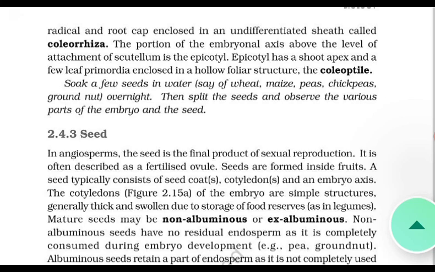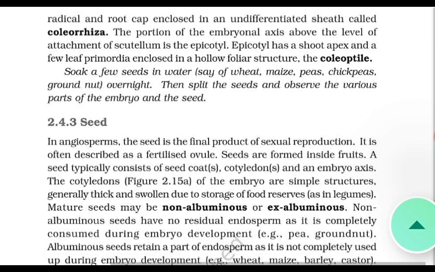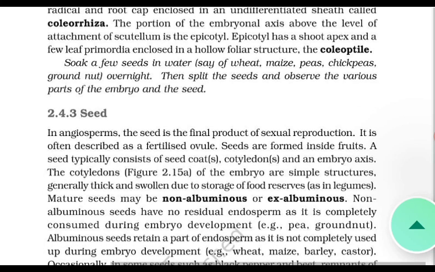करेक्ट है cytoplasm. One of the male gametes moves towards the egg cell and fuses with its nucleus, thus completing the syngamy. ठीक है, क्या complete होगी? Syngamy. This results in the formation of a diploid cell, the zygote. Zygote is a diploid cell.